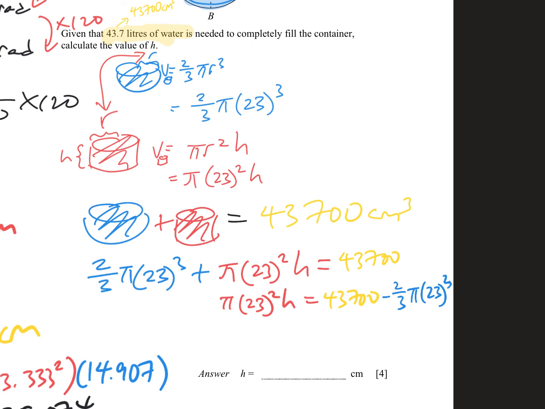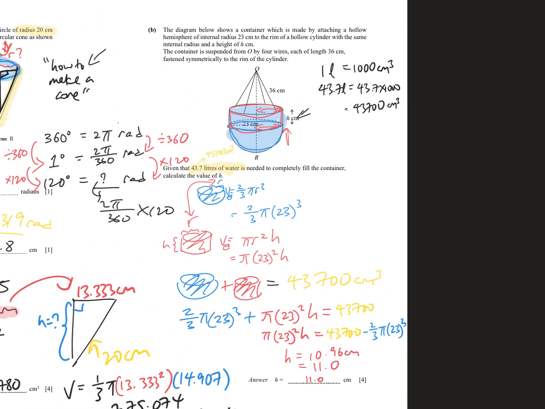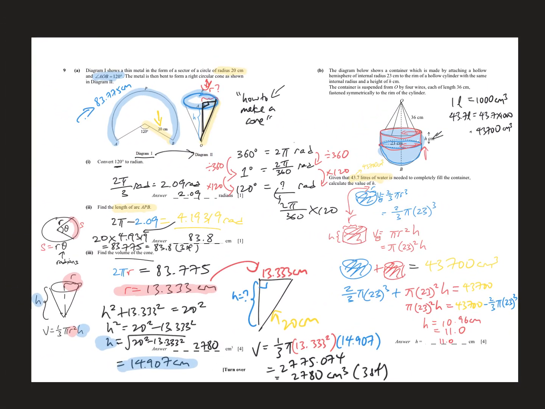And then when you solve, you get h equals to 10.96 cm, or if we make it 3SF, 11.0. There you go. All right, and so that was a pretty crazy question. So I'm going to zoom out here and take a look at the whole thing at once.